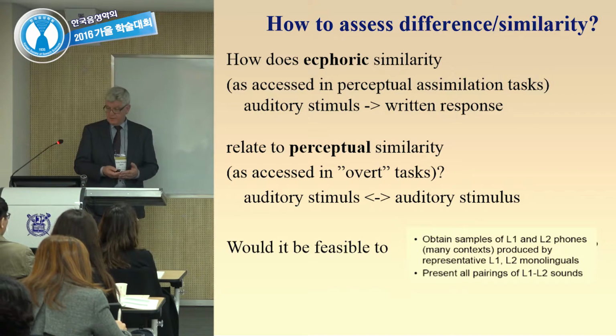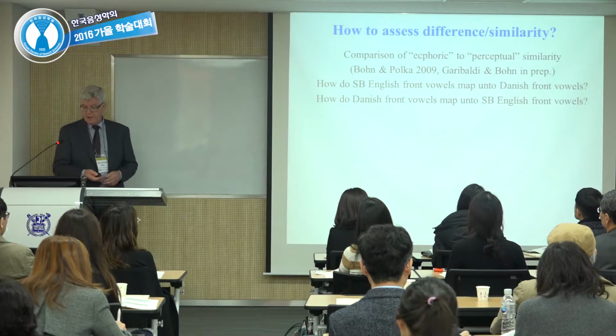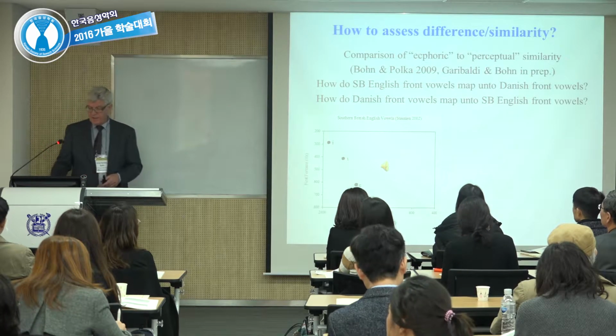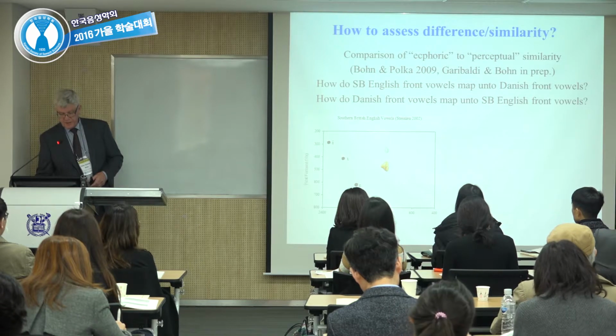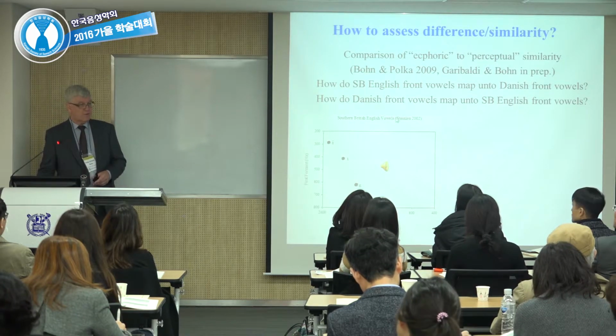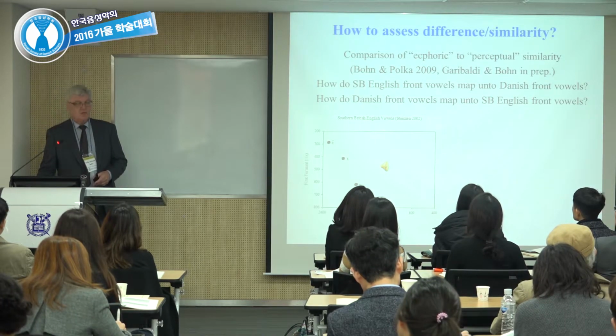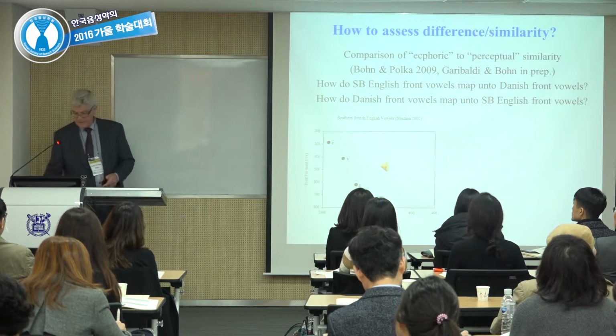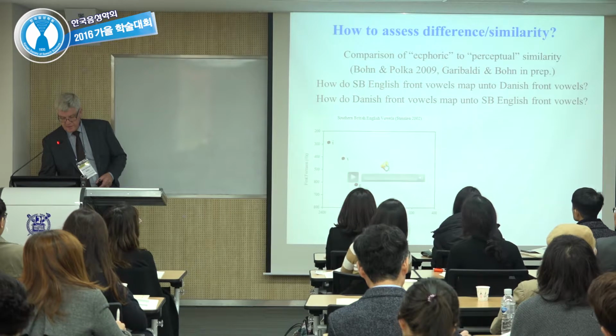So what we did in one study is we asked how Southern British English front vowels map onto Danish front vowels. So how do Danish front vowels map onto Southern British English front vowels? So these are, again, Southern British English vowels. Your orthography is really lousy, but you make very good use of the vowel space. They are equally spaced, as you can see.